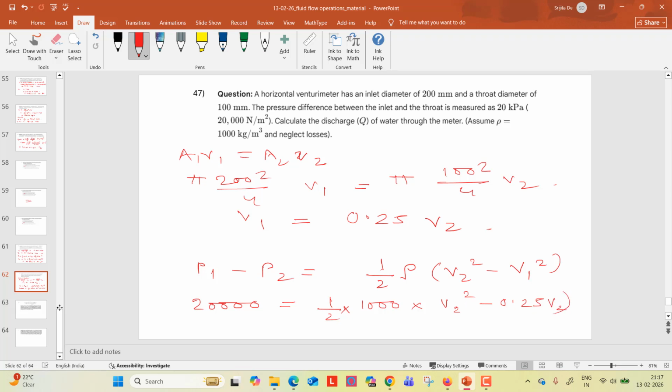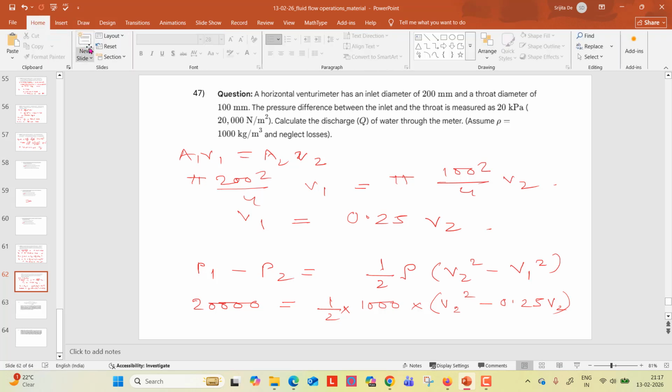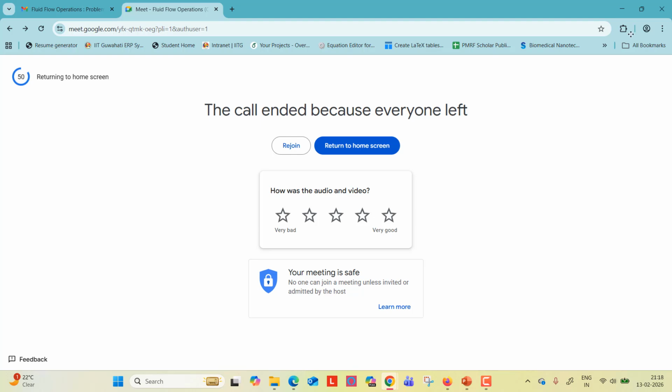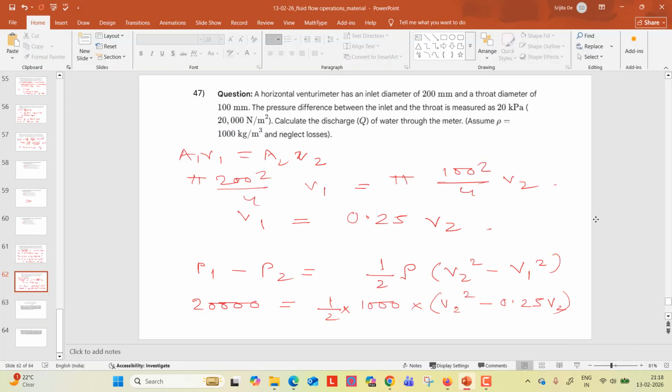So it will be coming as 20,000 into 2 by 1000 divided by 0.75.